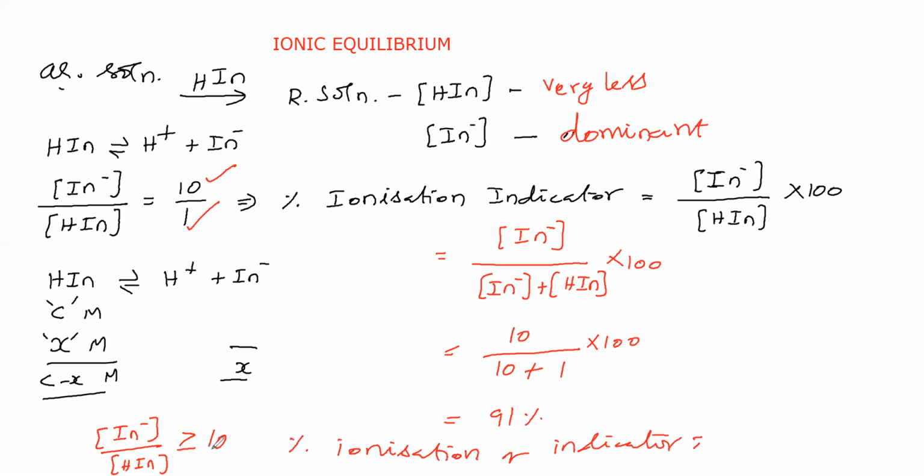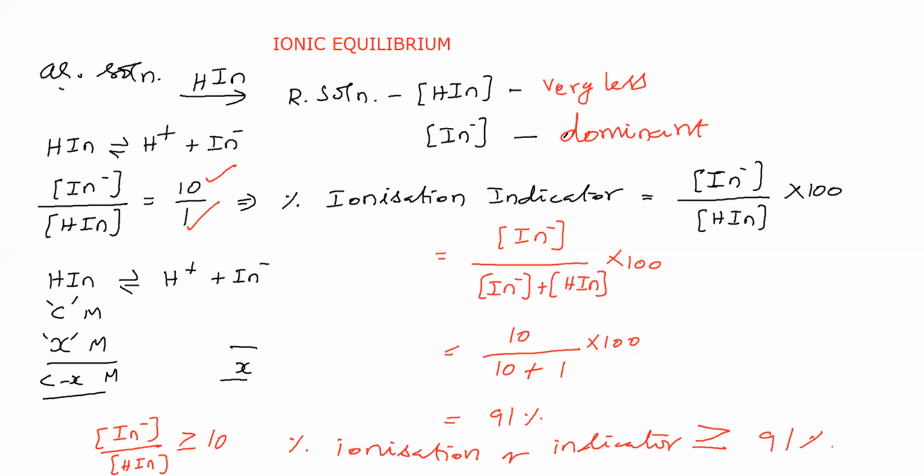If this ratio is 10, then the percentage ionization of the indicator is equal to 91%. If this ratio is greater than 10, then the percentage ionization of the indicator is greater than 91%, we can say.